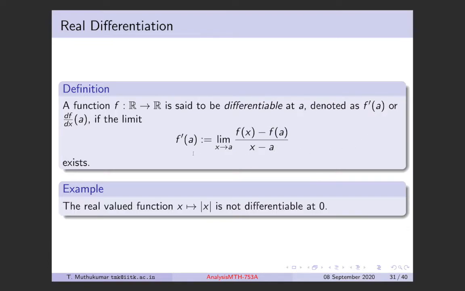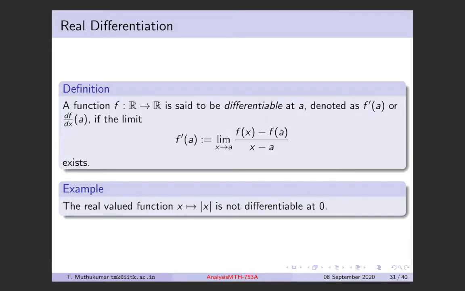And we have already seen in the previous lecture that this is a real number, and every real number can be associated to a linear map. You can think of this number as the slope of the tangent. You can also think of this as a linear map, which means it's the linear approximation to the given function at a.